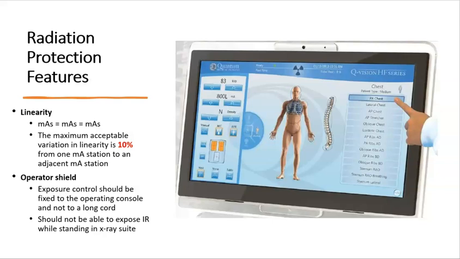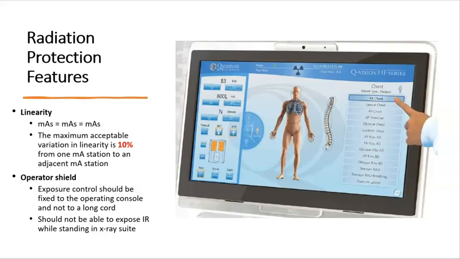So you're picking an mA station, and remember, mA times time equals mAs, right? So if we were to jump from a 100 mA station, take an exposure for 10 mAs, and then we jump down to a 50 mA station with the reading at 10 mAs, it should be within 10%. So it shouldn't waver more than 10% between those different mA stations, okay?